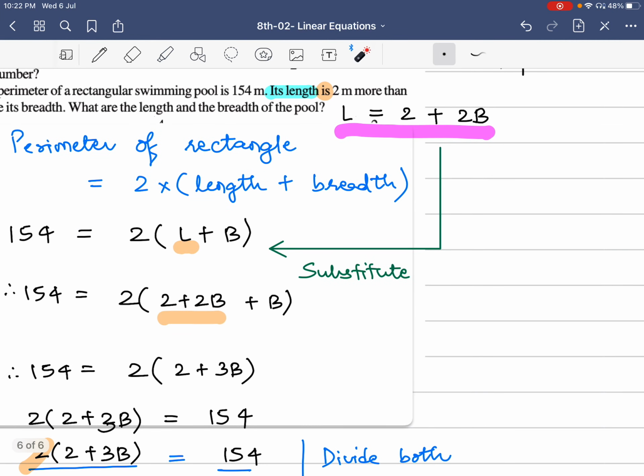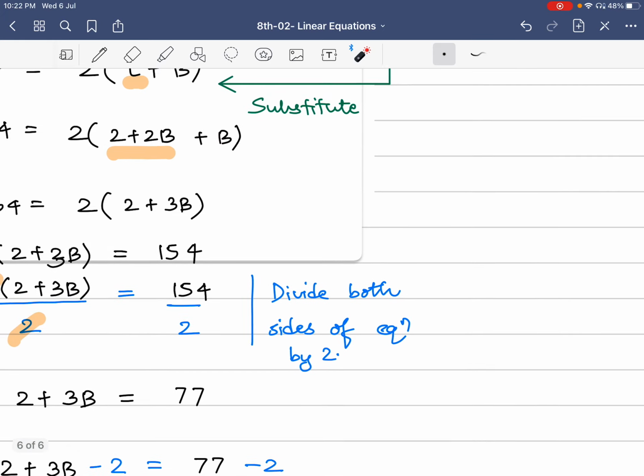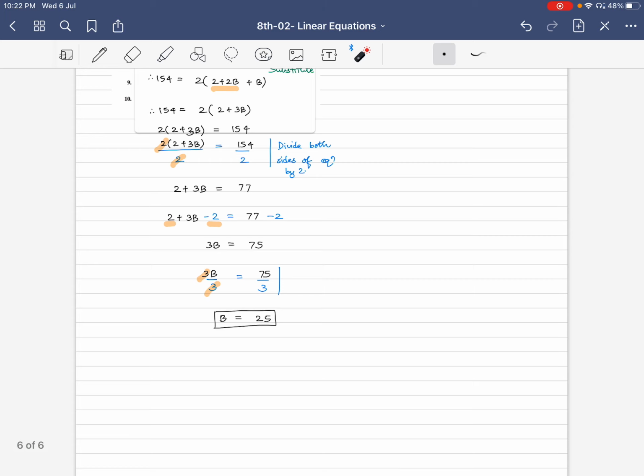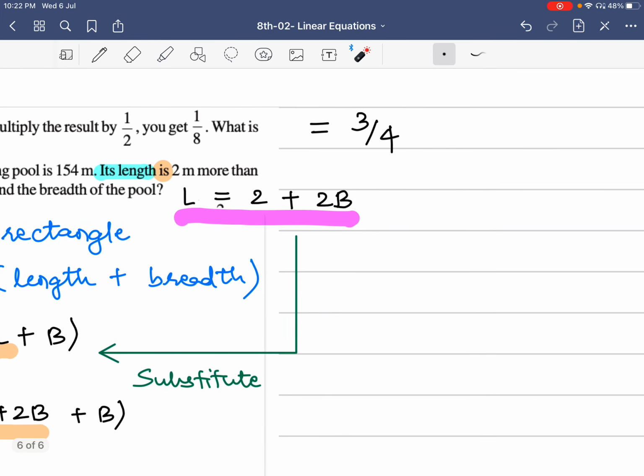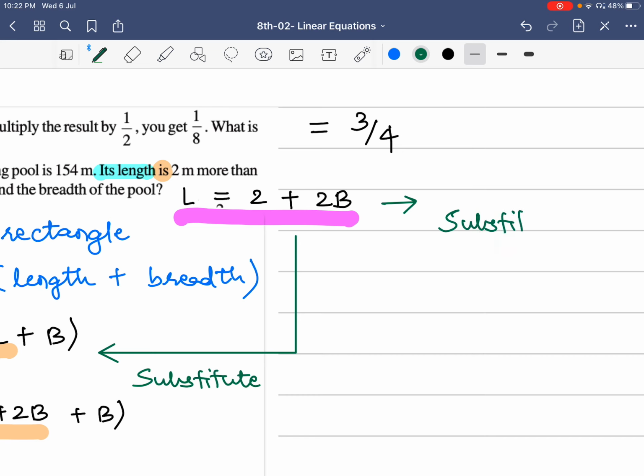Now if we know the value of b, we can easily find the value of L. Substituting here once again, b is equal to 25.